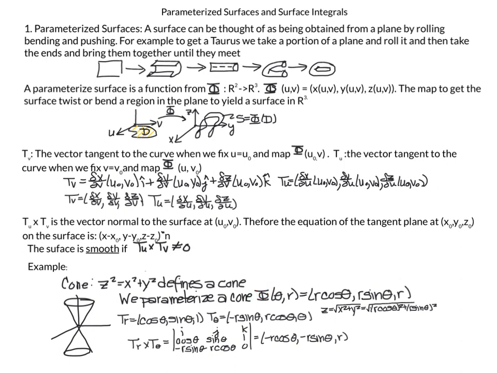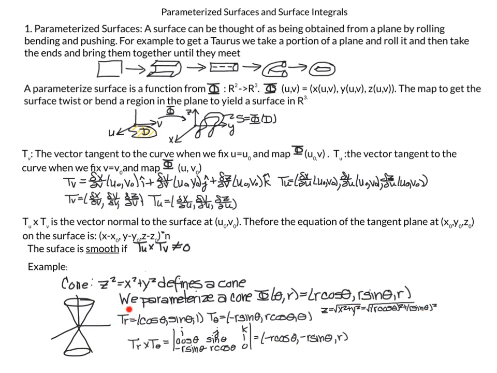And then phi will take our theta and r coordinates, and it'll produce an x, y, and z coordinate. In this case, you can see that z is equal to r, which is the square root of x squared plus y squared. So this tells you that you get the cone, and we'll illustrate that later in this video.